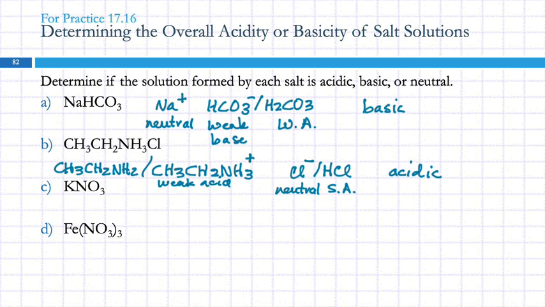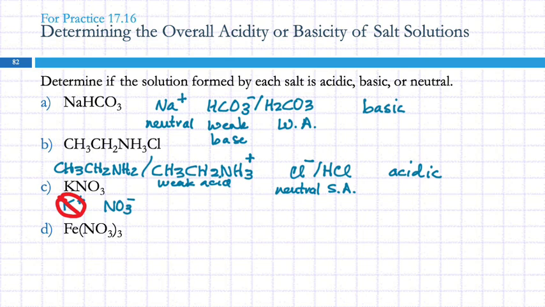KNO3. Well, I've got K plus, and I have NO3 minus. Here we get that metal ion again. It's not a small highly charged metal, it's only plus 1, right? We can't make a conjugate of this, so is this the counter ion of a strong base? Yes, KOH, strong base. So is that going to do anything? No, it's not going to do anything.